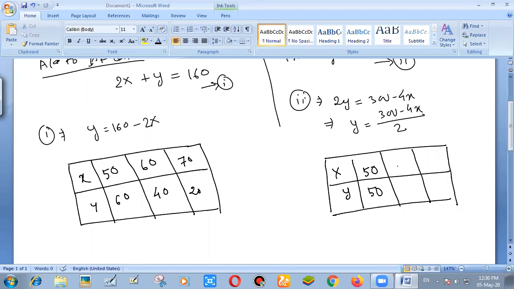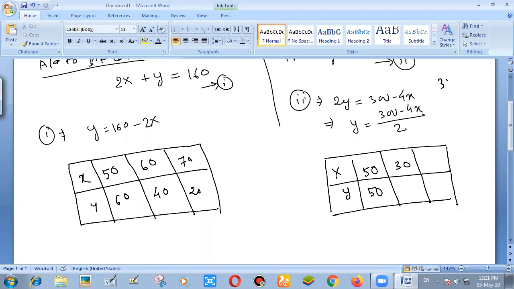Then if you put x equal to 30, what will be the value of y? Tell me, be quick. If you put x equal to 30 here, what will be the value of y?